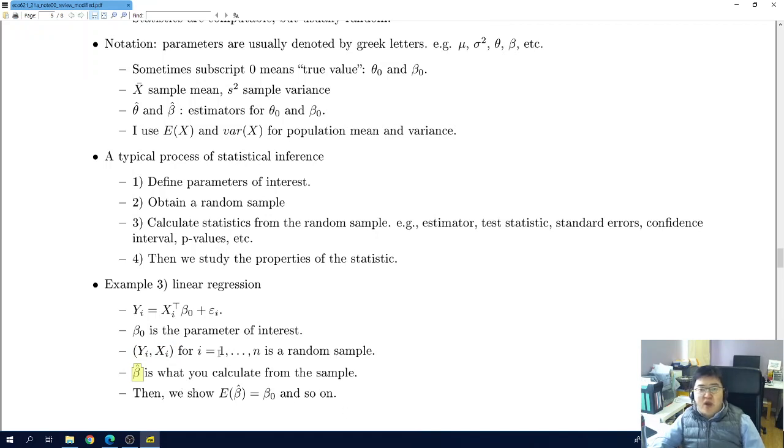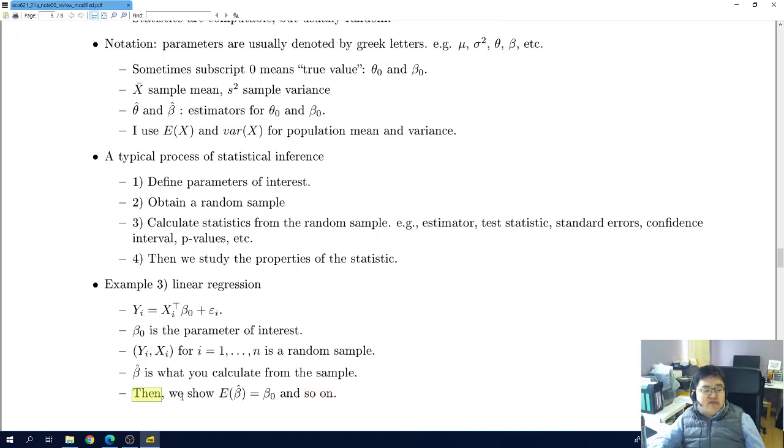There are many different ways. Maybe you have learned the ordinary least squares method, OLS, which is the most common way to estimate that, but there are alternative ways like the HEG estimator, GLS estimator. Anyhow, you may use one of these methods, and then you have to show that, for example, your estimator is unbiased, has a certain limiting distribution, has certain standard errors, consistency, and efficiency, like BLUE, the best linear unbiased estimator.